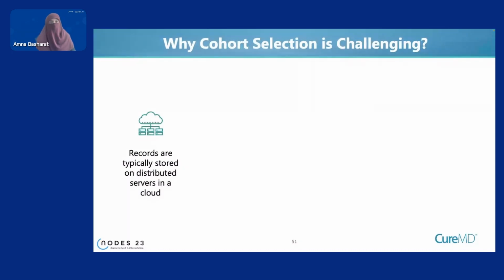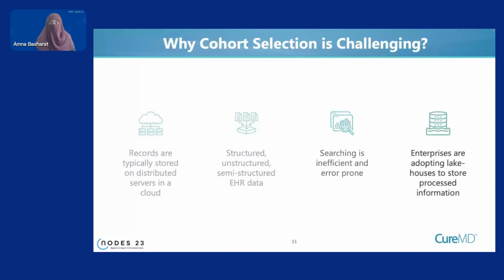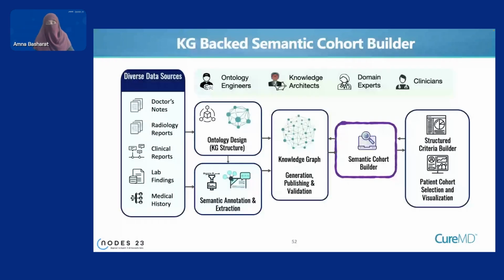Because records are typically stored on distributed servers, and the data is distributed across structured, unstructured, and semi-structured data. And searching is often very inefficient, and it can even be error-prone. So our goal was to use the existing knowledge graph, and because the knowledge graph is unifying data from all of these sources, it could serve as a very good data bank for the cohort builder.